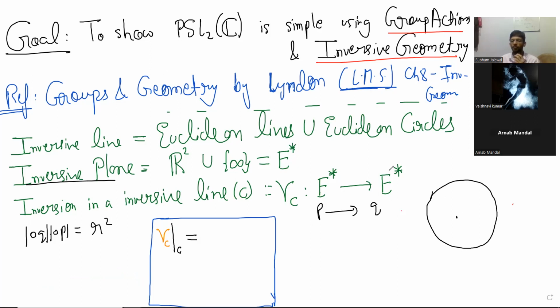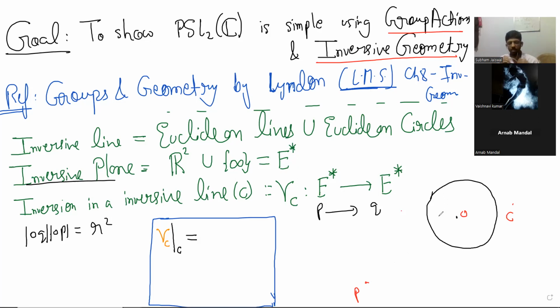Okay. It's a circle only. But it's fixed. It is fixed, right? The circle, every point is fixed, right? Yes. But in general, Vaishnavi, can you explain the function in general? If I take a general point P, then what does gamma C do to that point? Okay.